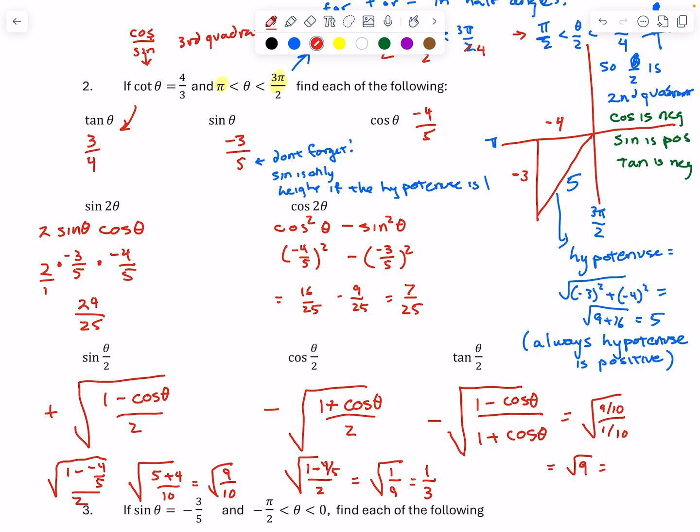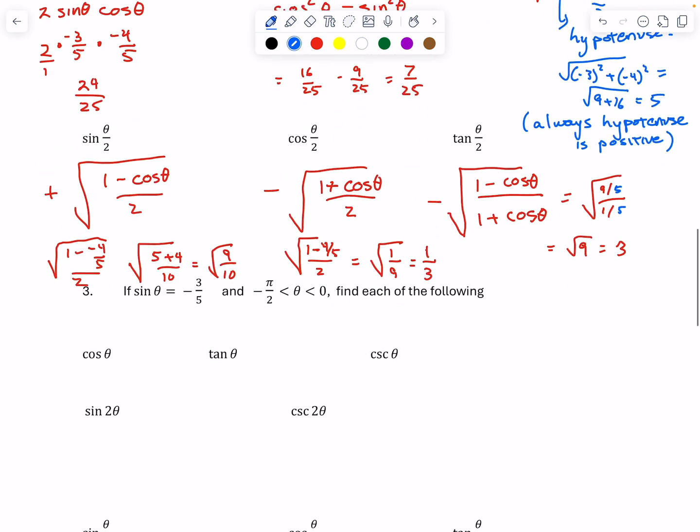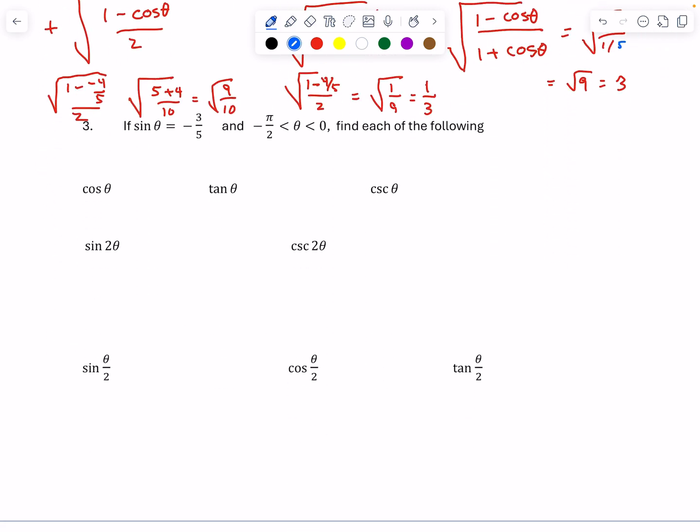Or 9, whatever, 9/5. I guess those are fifths if you don't. Just make it a 9, yeah, whatever. Okay, cancels anyways. Okay, so next problem, same thing.